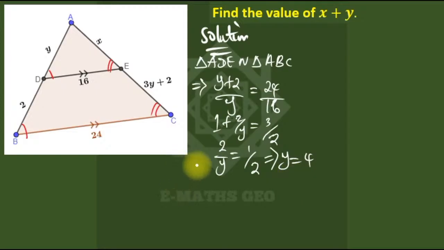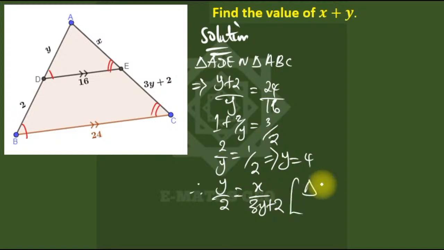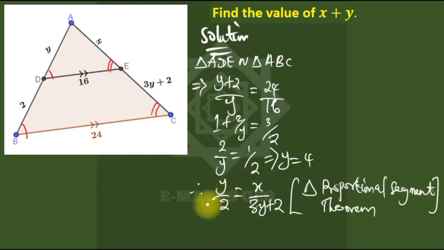We now use our triangle proportional segment theorem to get X. Therefore, Y over 2 is equal to X over 3Y plus 2, by the triangle proportional segment theorem. We know that Y is 4, so 4 over 2 is 2.